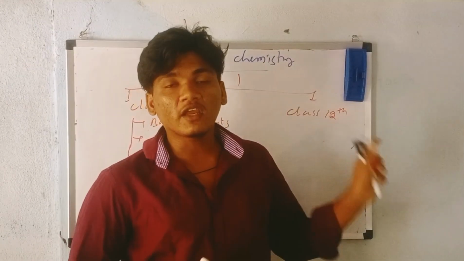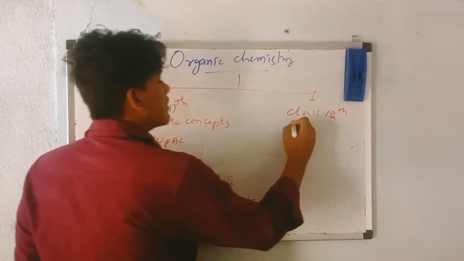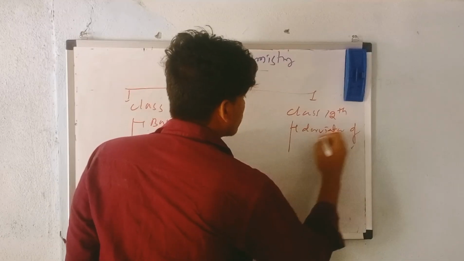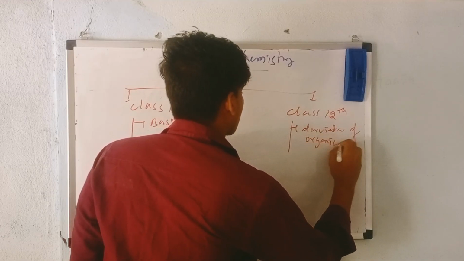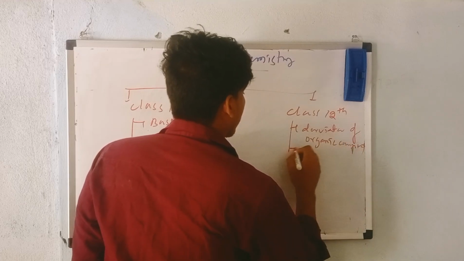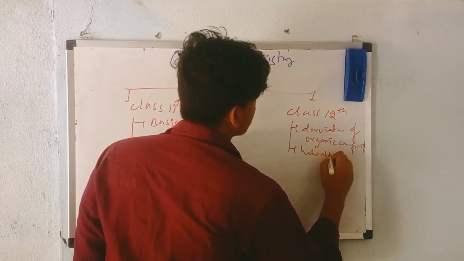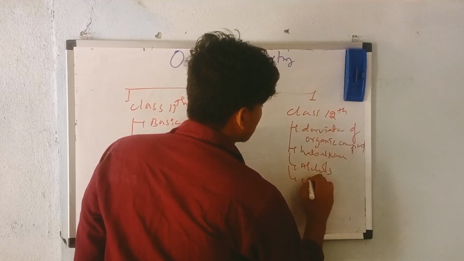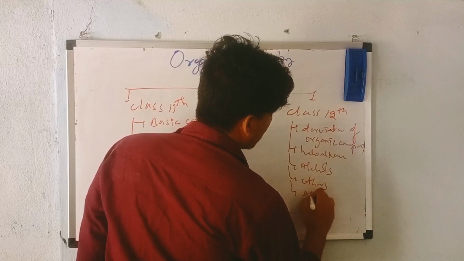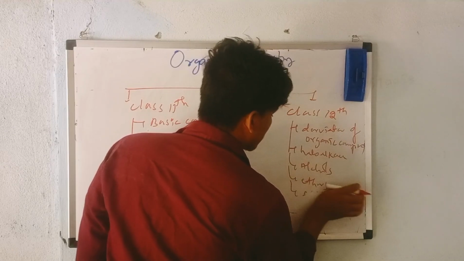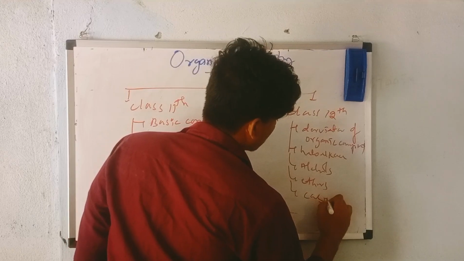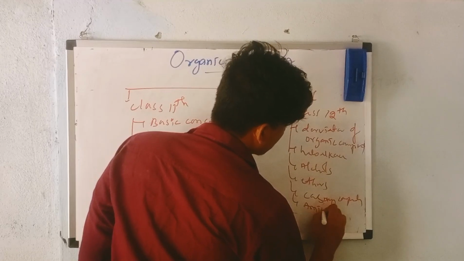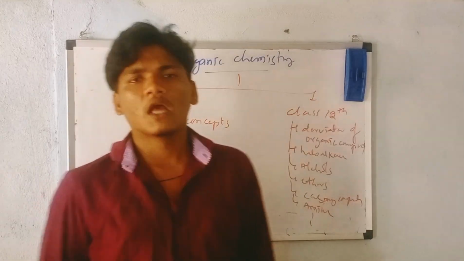Coming to second year, which is very important. In second year, you discuss majorly derivatives of organic compounds, like haloalkenes, alcohols, ethers, aldehydes, or carbonyl compounds, and amines, and we discuss polymers and biomolecules.